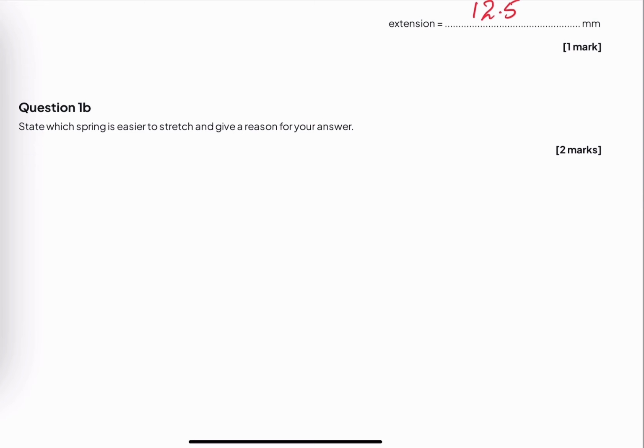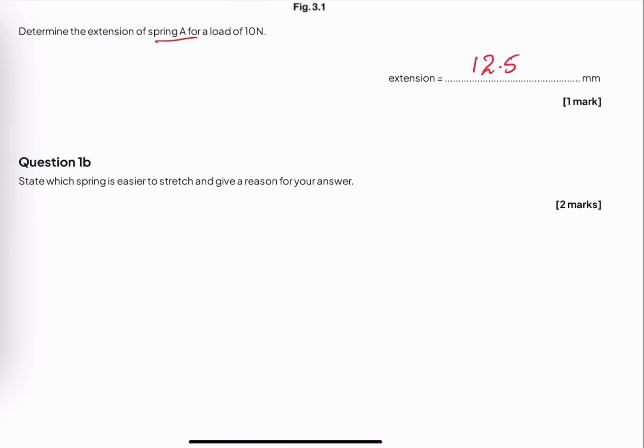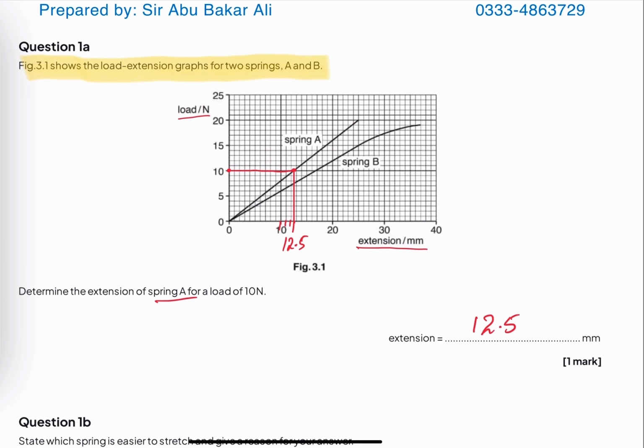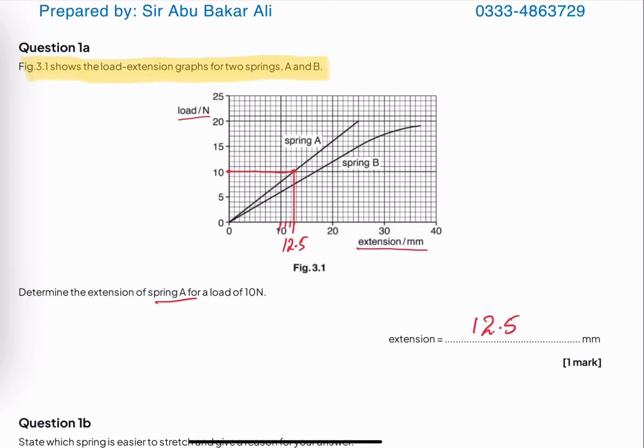In part B, state which spring is easier to stretch and give a reason for your answer. Okay, so if we look at the graph, for any force, even for the 10 Newton force, in spring A the extension is 12.5, and for spring B the extension is greater than that, for the same force.